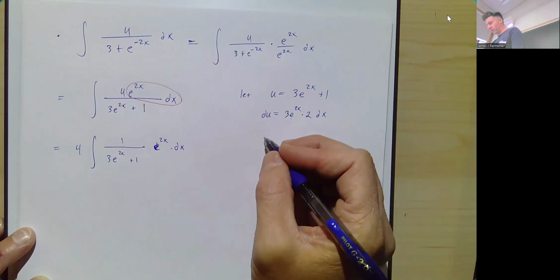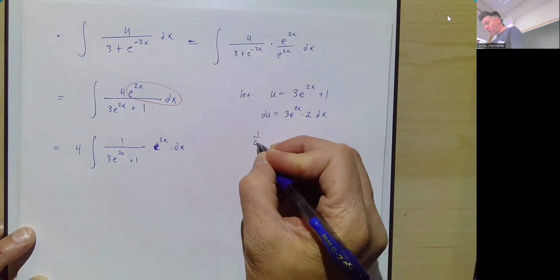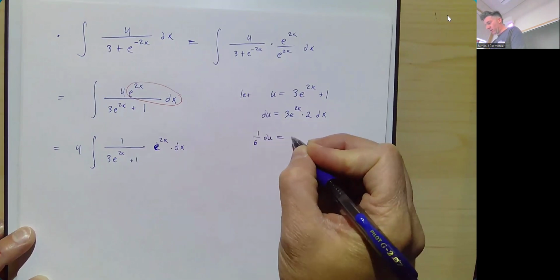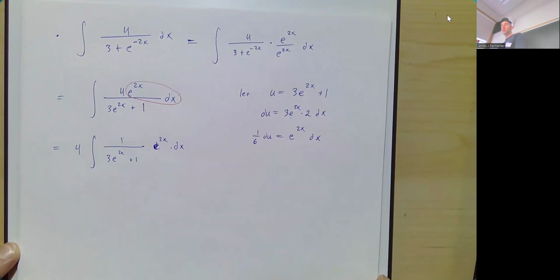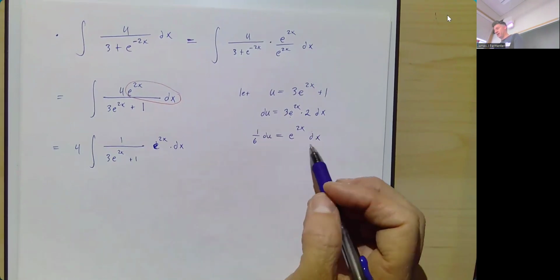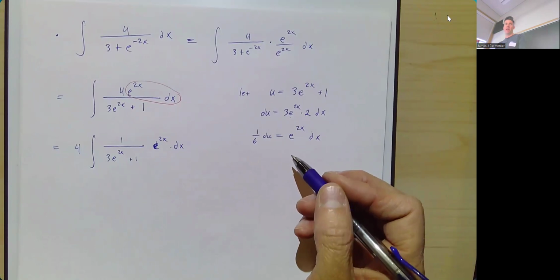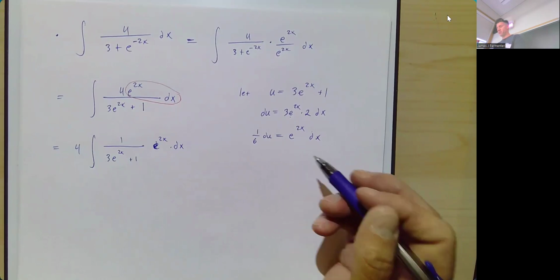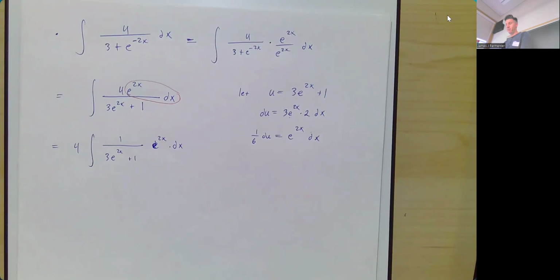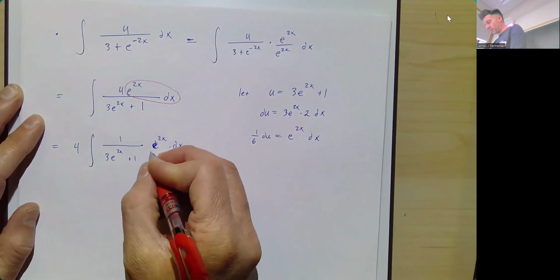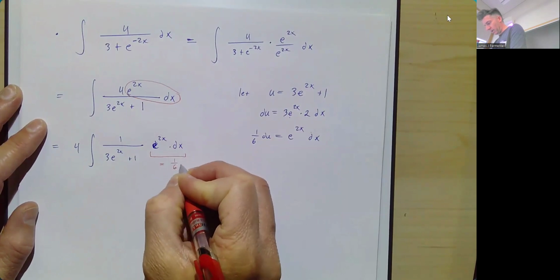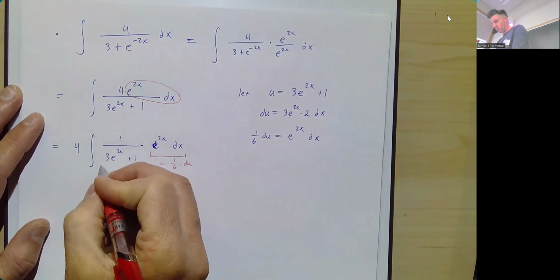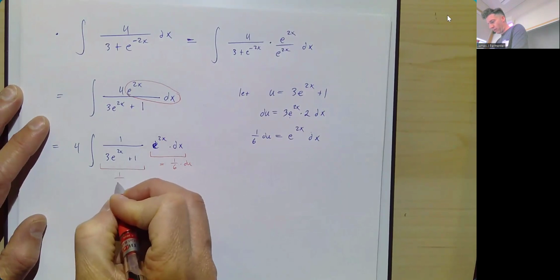So I would choose to write this as 1/6 du equal to e to the 2x dx. You can do this differently if you prefer. You could isolate dx and then say dx is du over 6e to the 2x and do it that way if you like. I don't like it that way, but fine. So then this e to the 2x dx is going to equal 1/6 times du. And this whole part here is going to equal 1 over u.